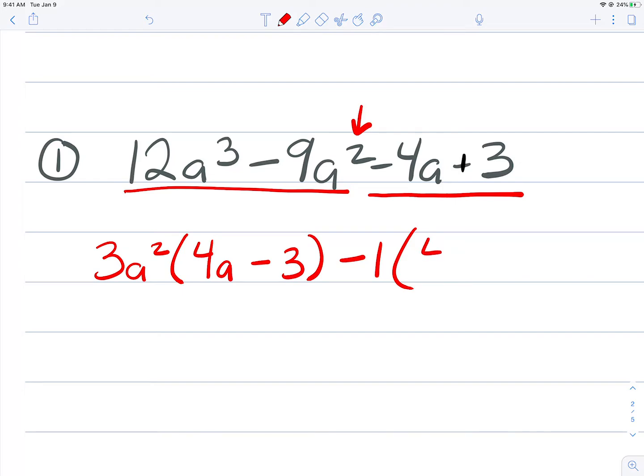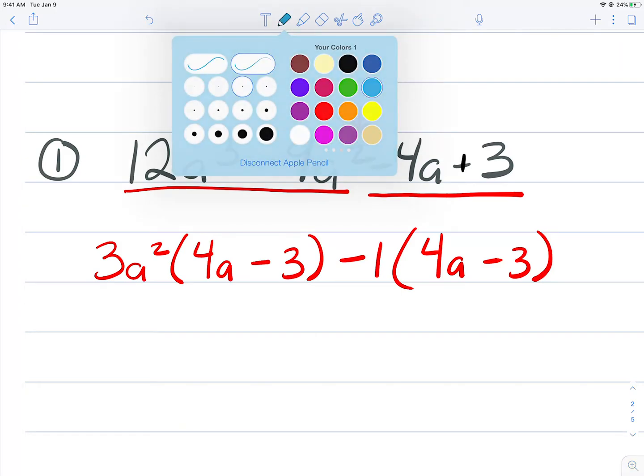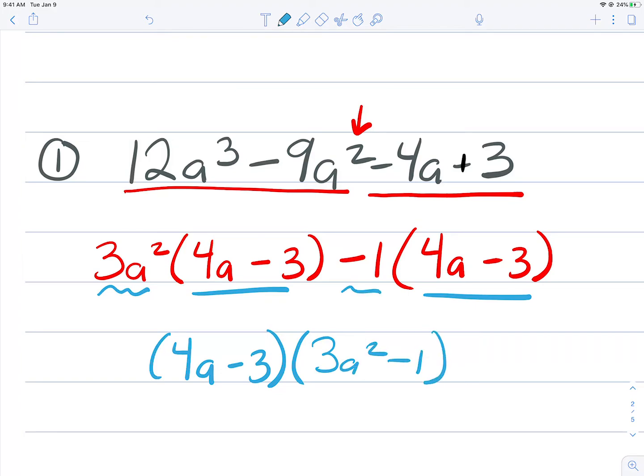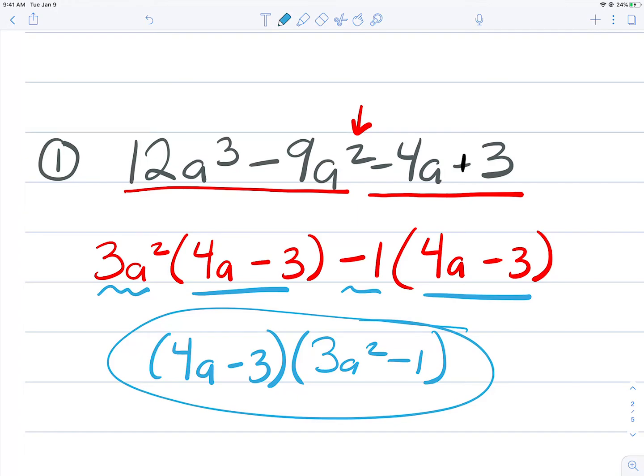What that gets me is a 4a minus 3. Now what I'm going to notice is that my parentheses match, as I said that they should. So that's part of our answer. Part of our answer is that matching set of parentheses. In the second set of parentheses, I'm going to collect my GCFs. So I have a 3a squared and I have a negative 1. And that is your factored answer.